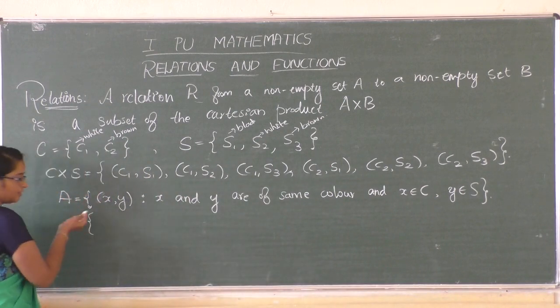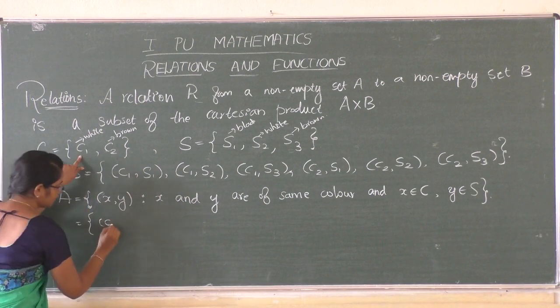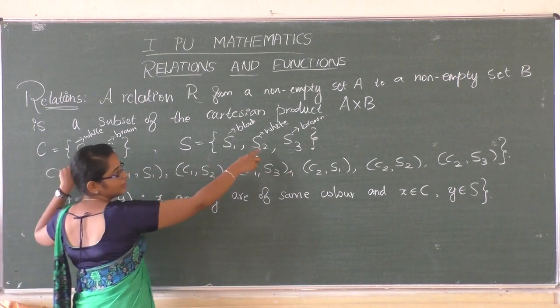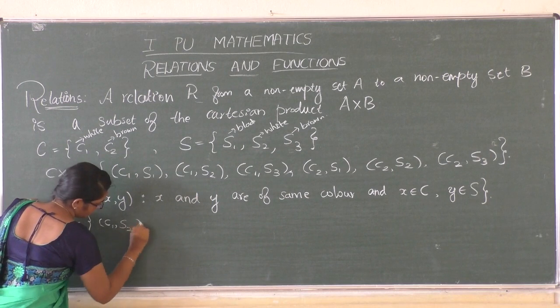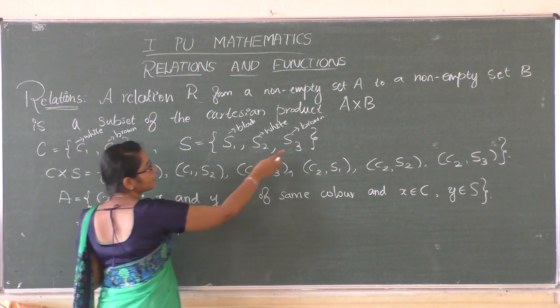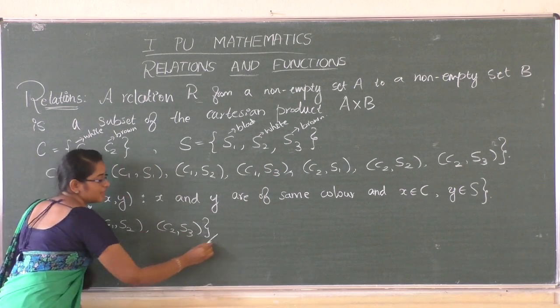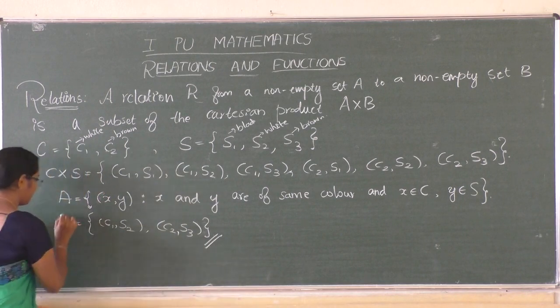What are all the elements in the set A? It is C1, comma, white color saucer S2, and C2, brown color cup with the brown color saucer S3. Okay, this is the set A.